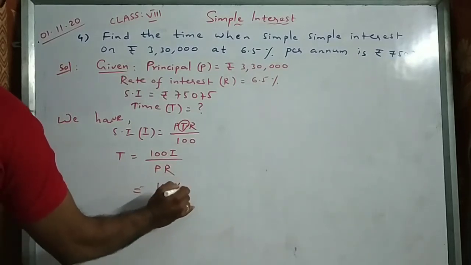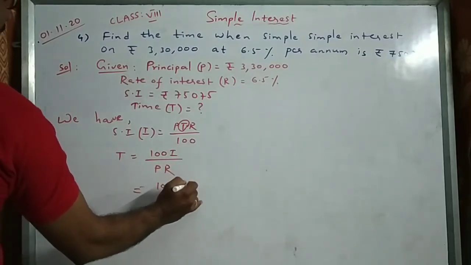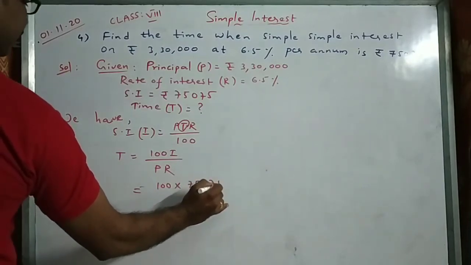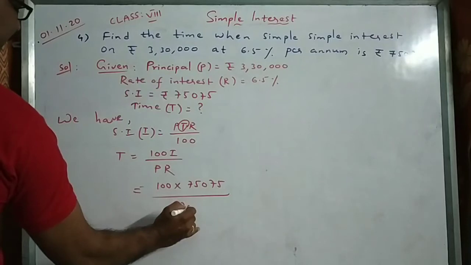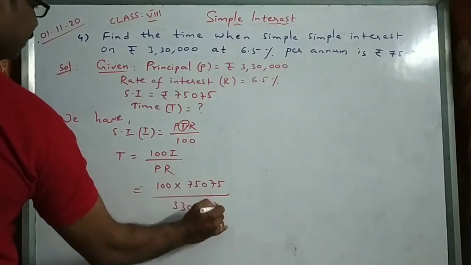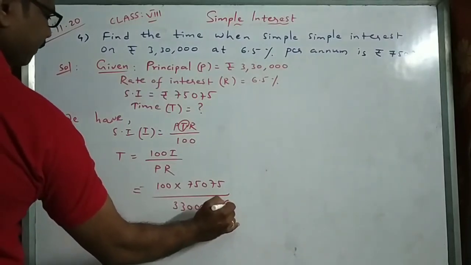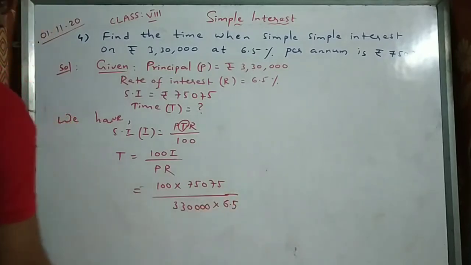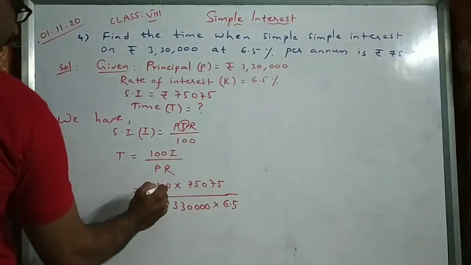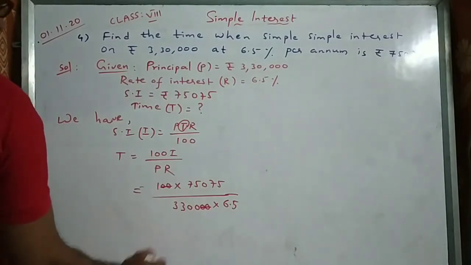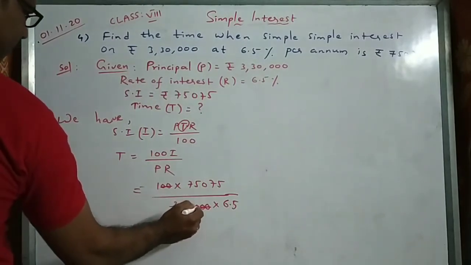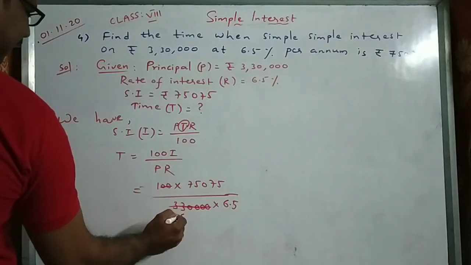100 into interest amount 75,075 upon principal amount 3,30,000 into rate of interest 6.5. So 2 zeros cancel. Now 5 sixes are 30.